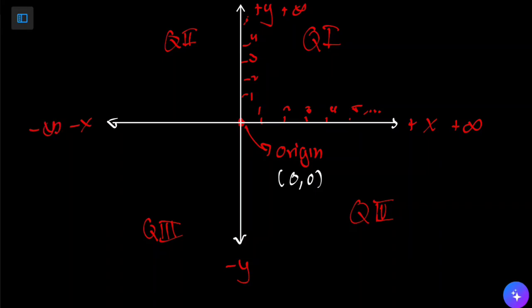So let's say this is -1, -2, -3, and so on and so forth. Also in the y-axis, it goes towards negative infinity. So this is -1, -2, -3, -4, -5, and so on and so forth.